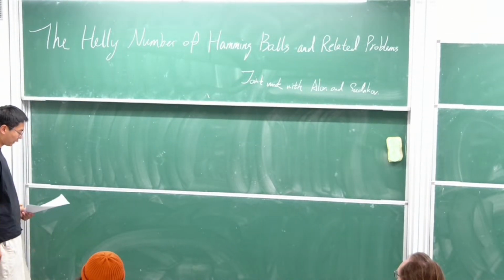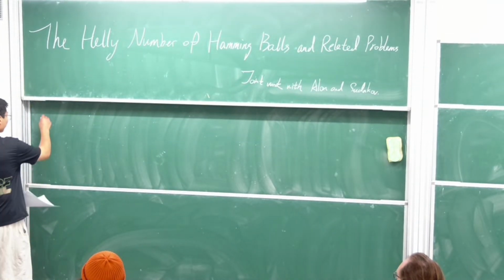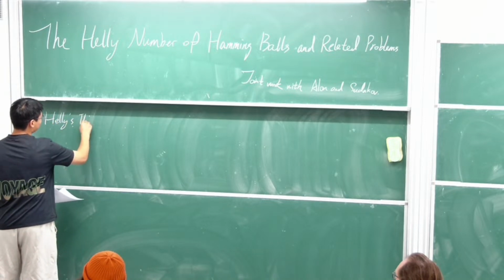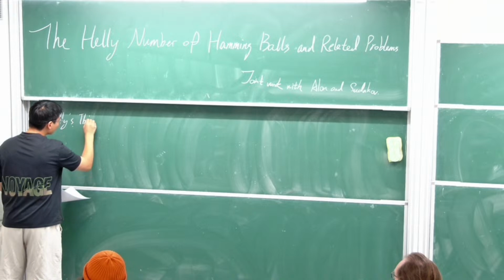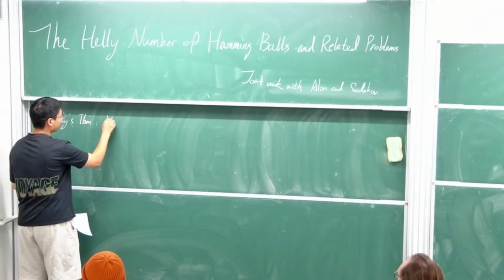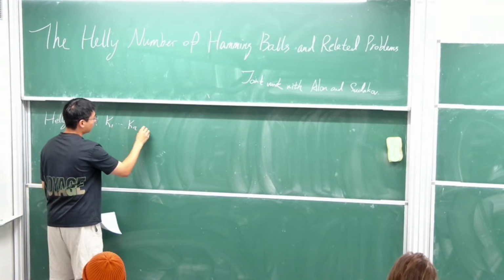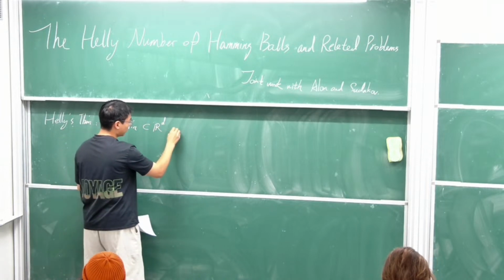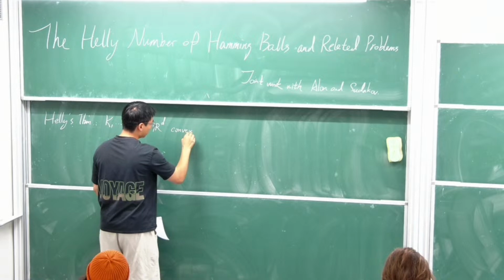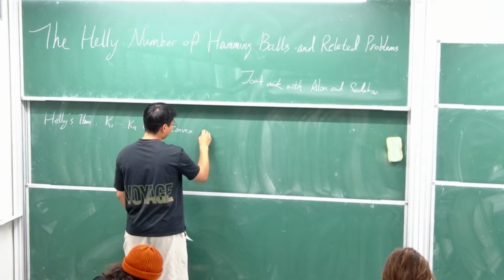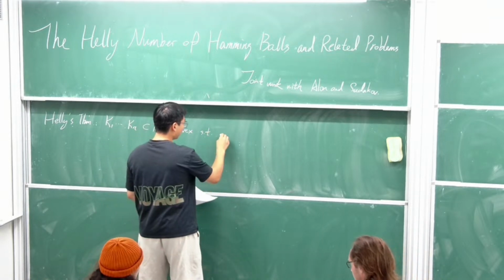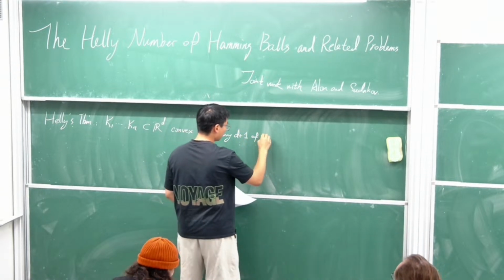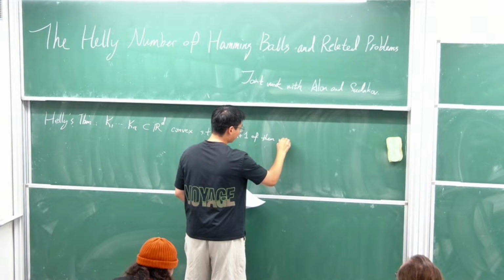So let's start with the famous Helly's theorem. Helly's theorem states that, let's say K1 to Kn are convex sets in R to the power D, such that any D plus one of them intersect.